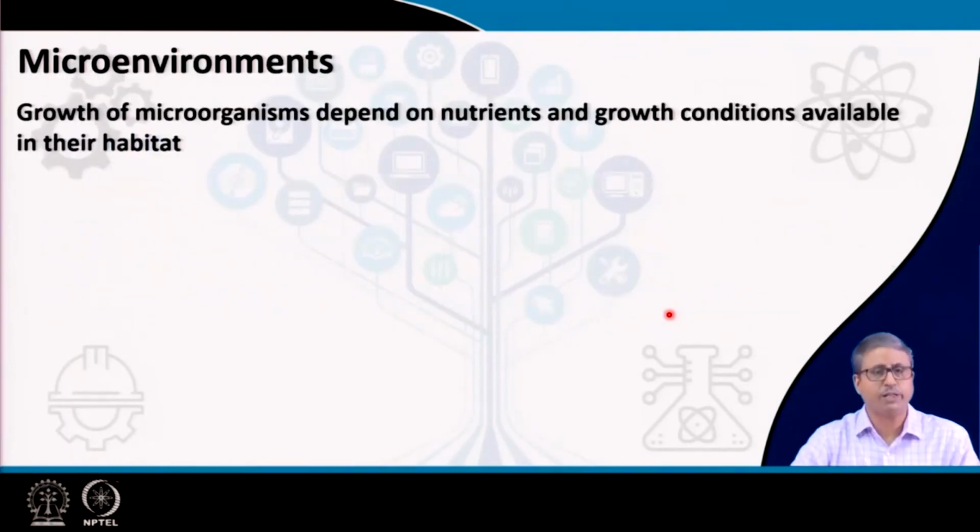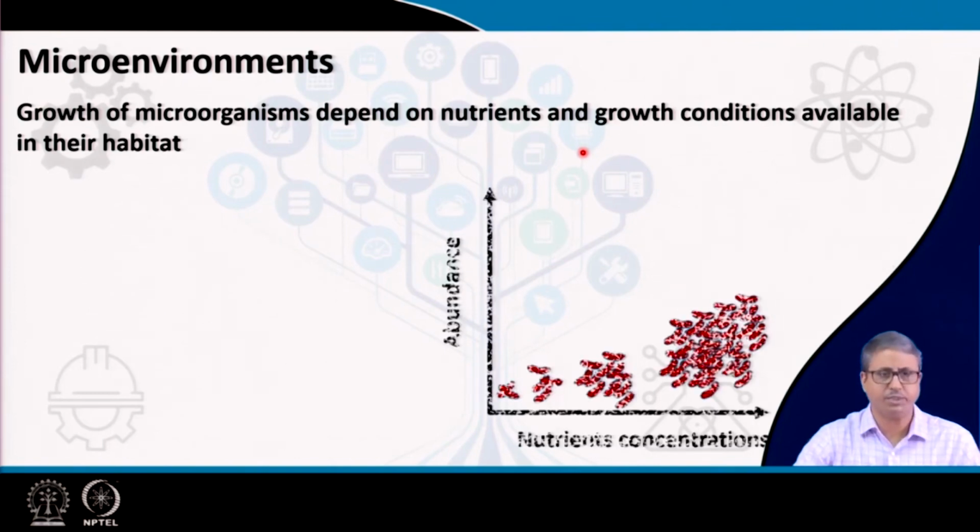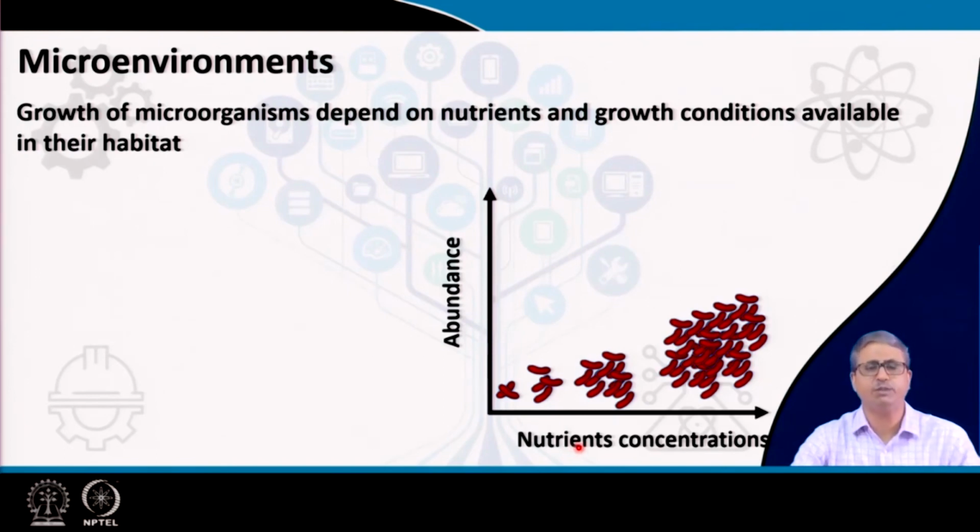So, growth of microorganisms, as we have learned already, depends on nutrients and growth conditions available in their habitat. As we can see, with increasing nutrient availability, the microbial growth happens, and unless and until there are certain other reasons, the growth will continue, and then it saturates.